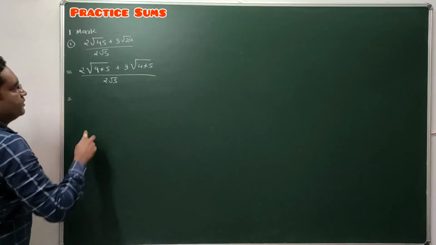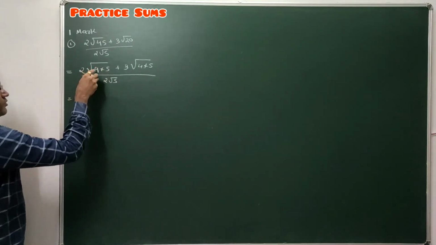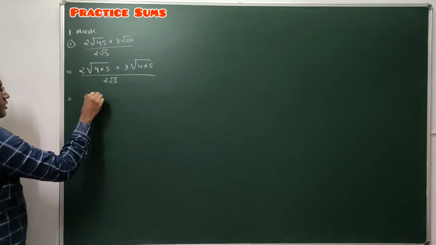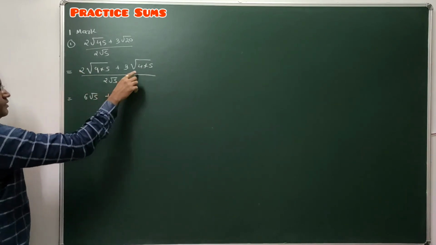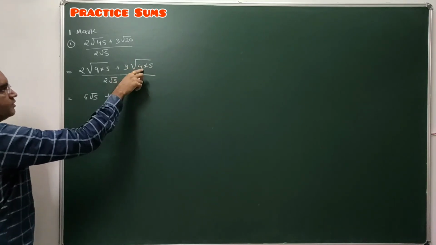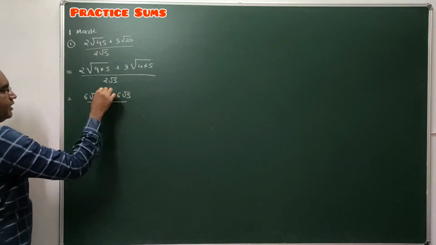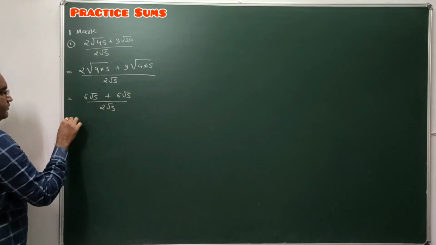The square root of 9 into 5 is 3 root 5. So 3 2s are 6 root 5, plus the square root of 4 into 5 is 2 root 5. 2 into 3 is again 6 root 5, divided by 2 root 5.